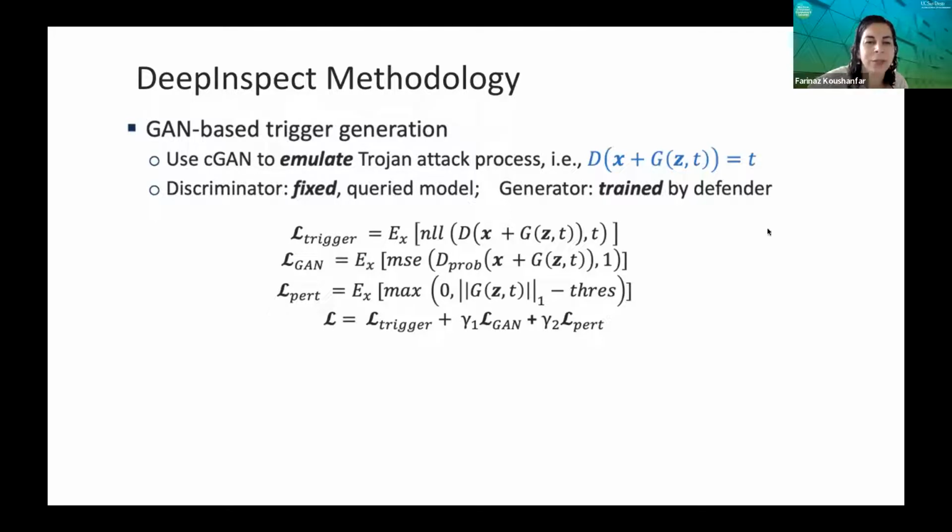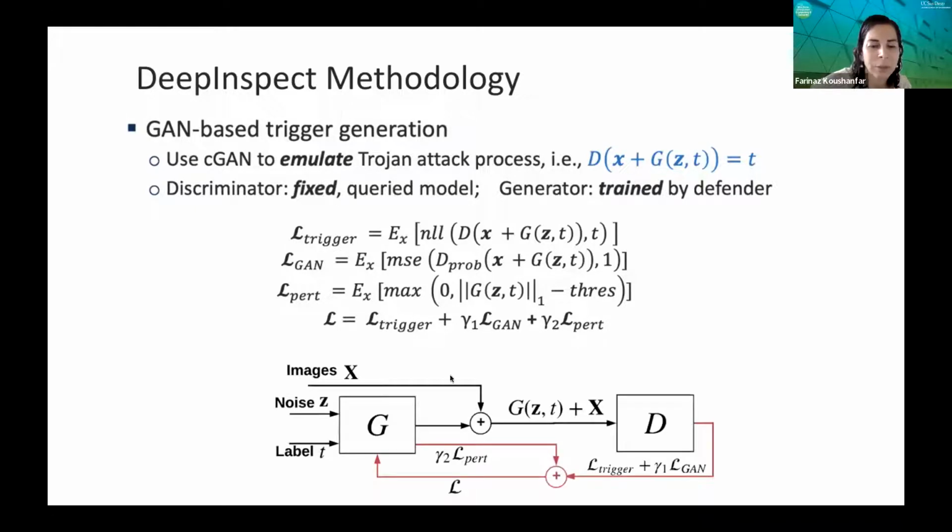If this is the Trojan attack process, then the generator is trying to generate samples that belong to that trigger process, and you're trying to maximize this training by the defender and the fixed queried model.